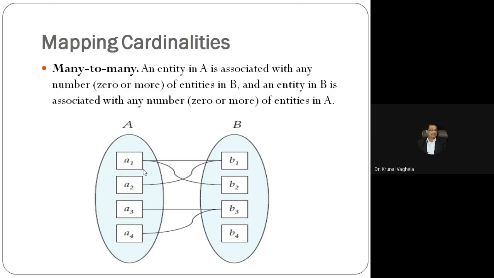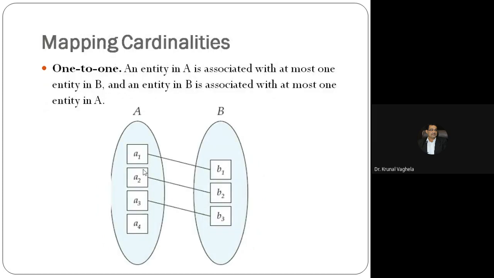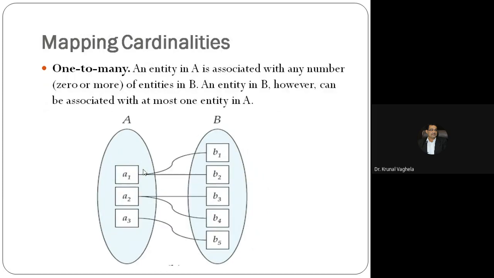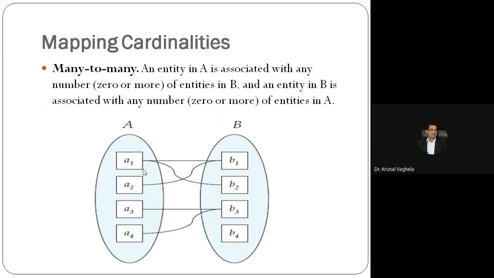No restriction. A teacher can have multiple students, and a student can belong to multiple teachers. I can have a joint account and I can have multiple accounts in the bank. What's the point? One-to-one, one-to-many, many-to-one, many-to-many.